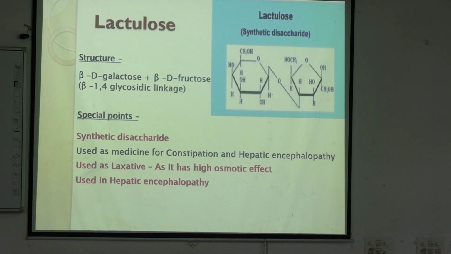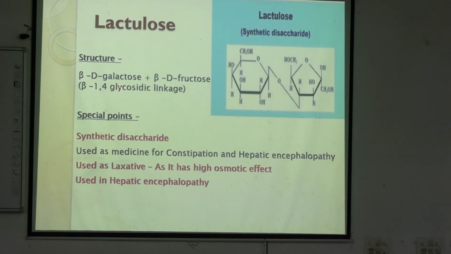The structure of lactulose, I told you, is galactose and fructose linked by beta 1,4. See, this is the fructose, this is the galactose. It is beta form, right? And it is getting attached to the C4 carbon of fructose.